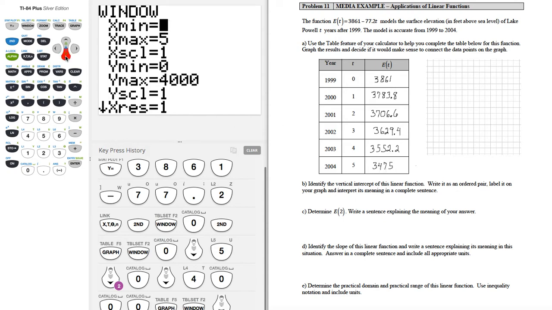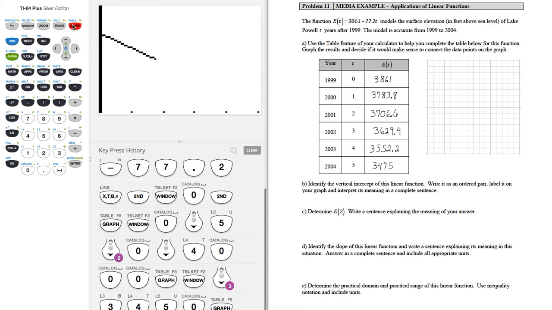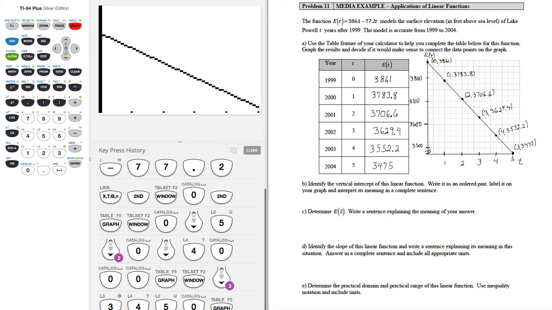So I'm going to change my y min to 3,450, press graph, and that gives me a much nicer shape. So what I'm going to do now is transcribe that information using the ordered pairs onto the grid here. You might want to pause the video and do the same, and then come back and check your results.